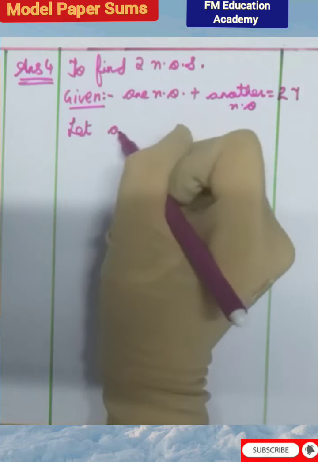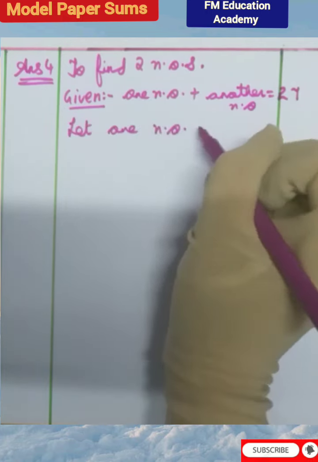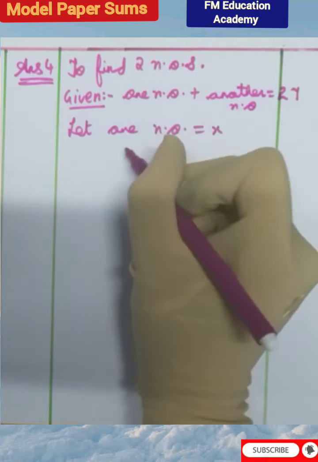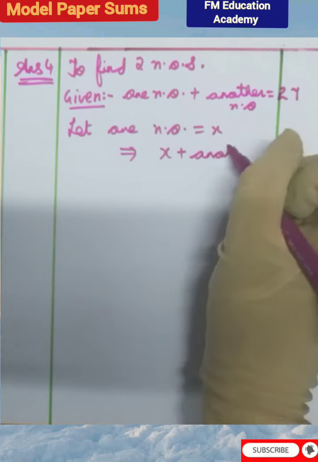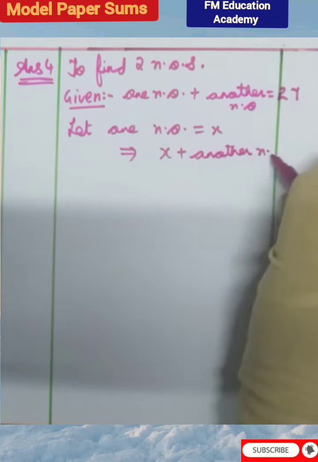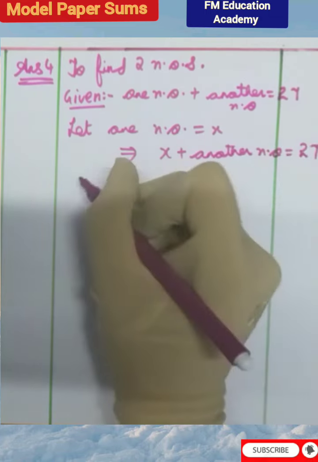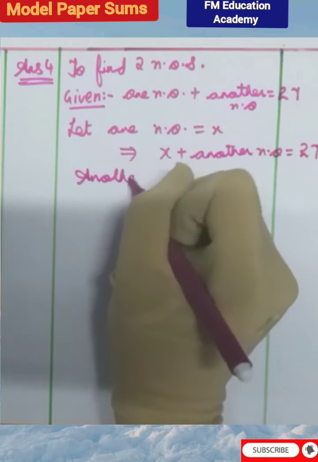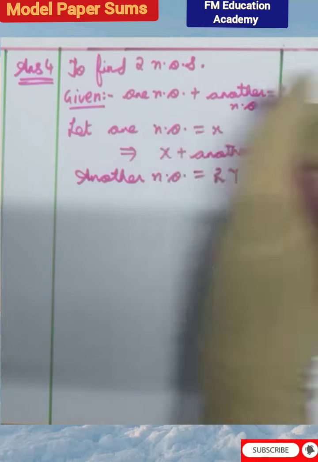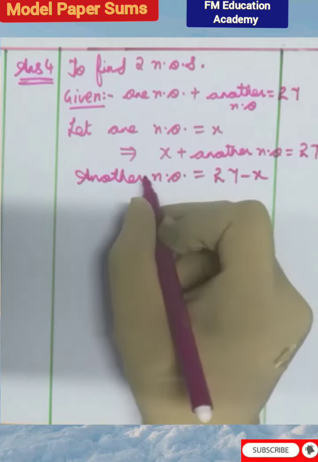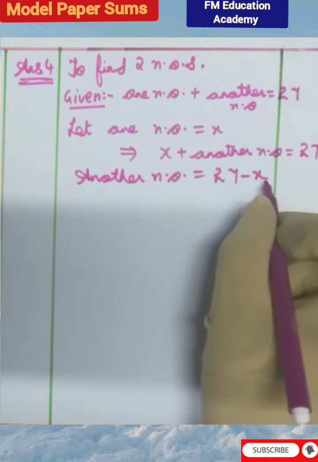So let one number be x and we'll substitute in this equation. In place of one number we'll write x plus another number, that is equals to 27. So we will get another number as 27 as it is plus x, if it goes outside becomes minus x. So we got one number is x and another number is 27 minus x.